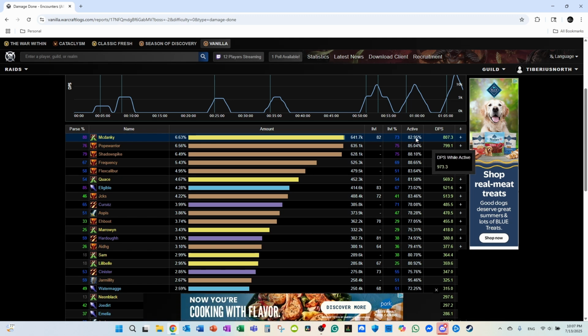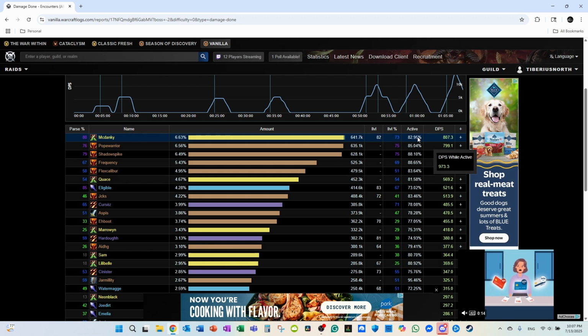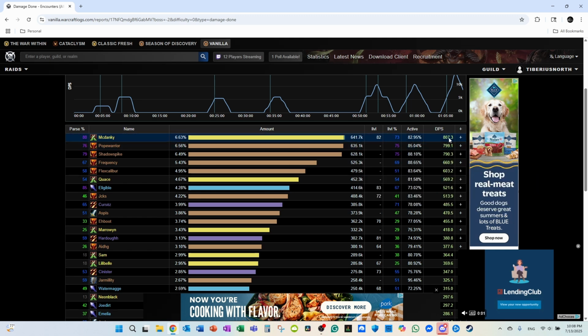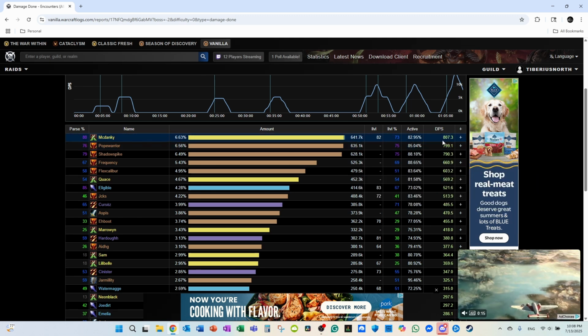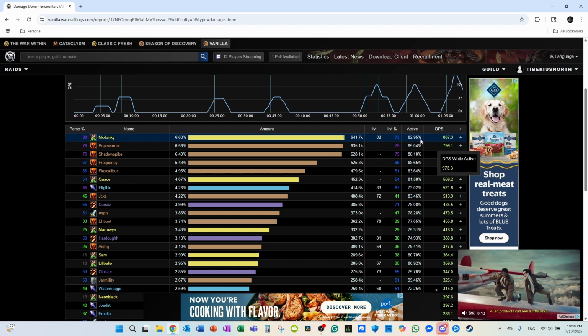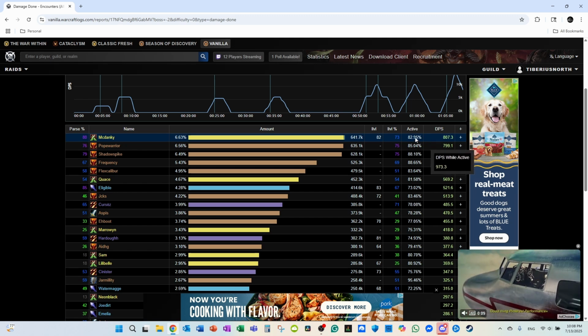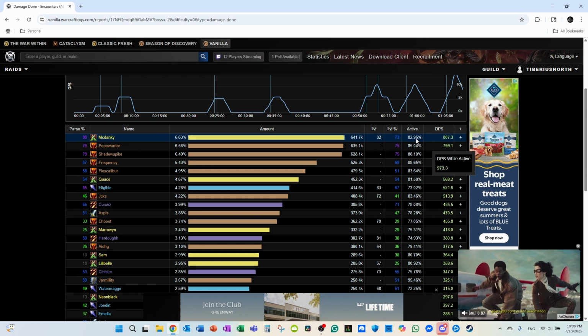So you can see that that's the DPS adjusted for the uptime. So if you only consider the time when you're active, what was the DPS? This number is just the absolute DPS, just the total damage divided by the time. And that would be basically assuming 100% uptime. But here, you're adjusting the DPS up in case there was less activity.